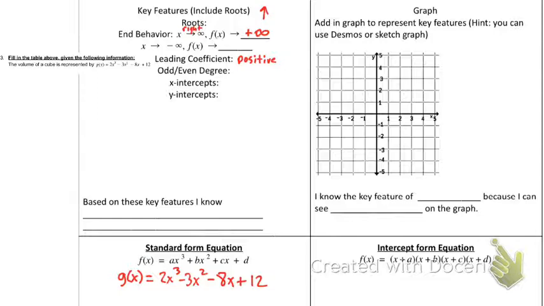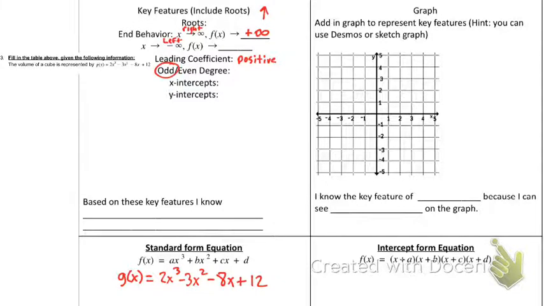Okay? Now let's look at the degree. If we look at the degree of my standard form, it's odd. Okay? So how does that help us with end behavior? Remember, this controls your left side. So here's my left side. What is it doing?